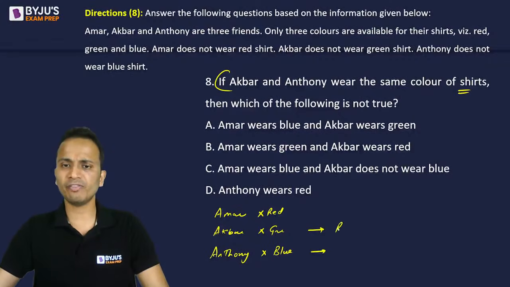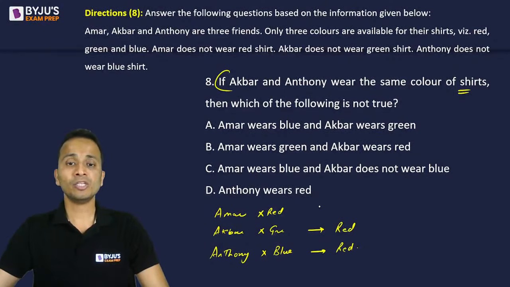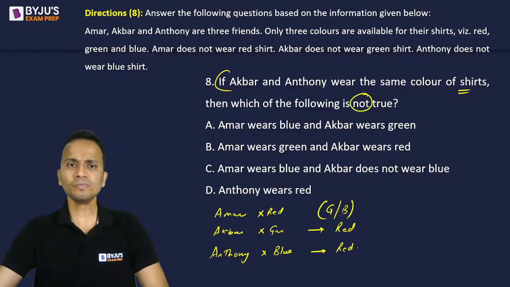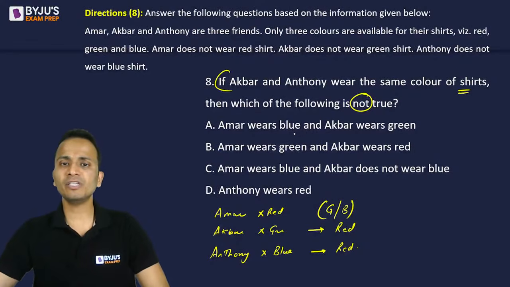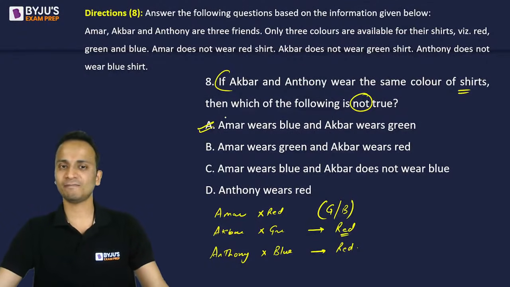So if they are wearing the same color, they will wear red. So Amar can wear either green or blue. Let's see which of the following is not true. Option A, Amar wears blue and Akbar wears green. This statement is not true, simply because Akbar is wearing red. So our answer is option A.